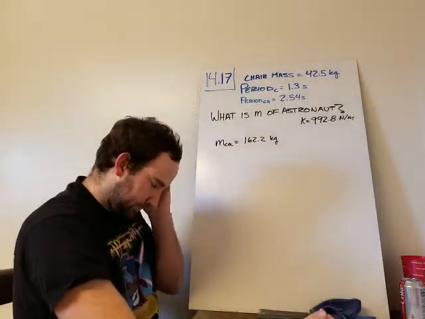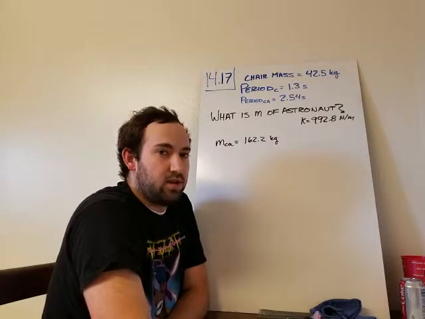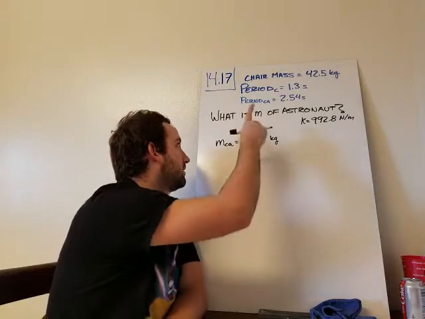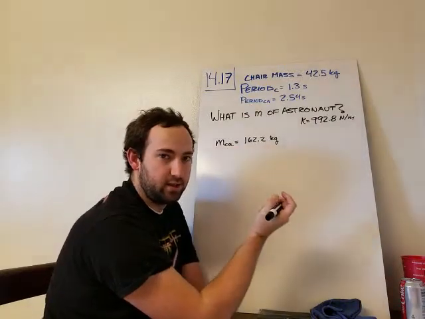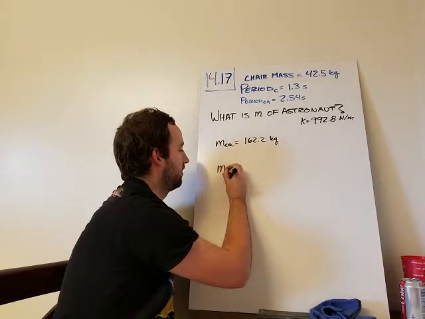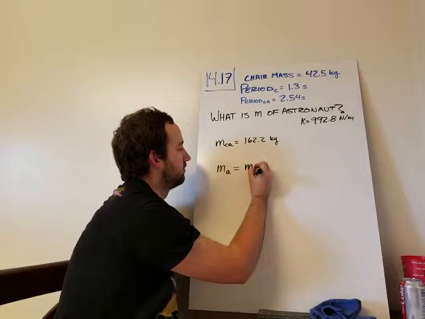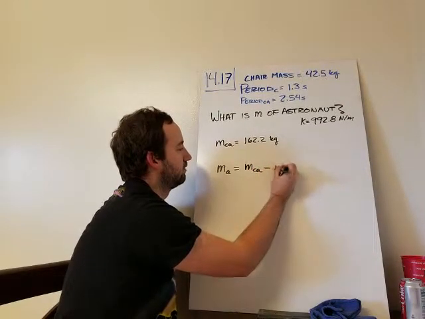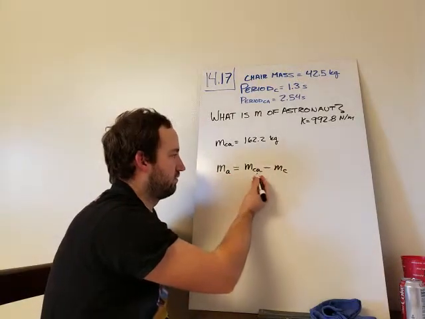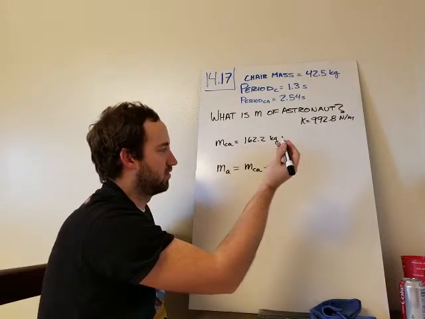What we need to do is, we know that the total mass, which is here, minus the mass of the chair, is going to equal the mass of the astronaut. So we can write that out by saying M sub A for mass of the astronaut equals M_CA minus M_C. So mass of astronaut equals total mass minus mass of the chair.